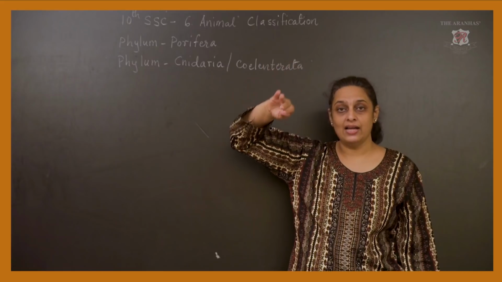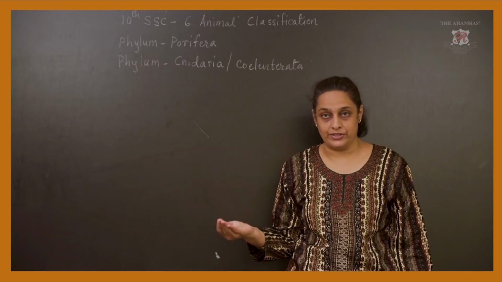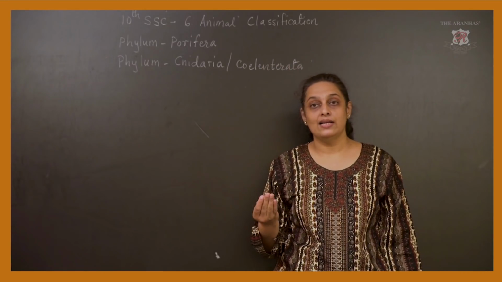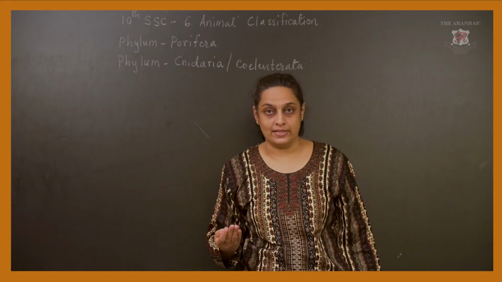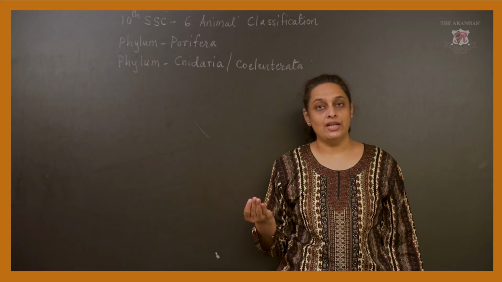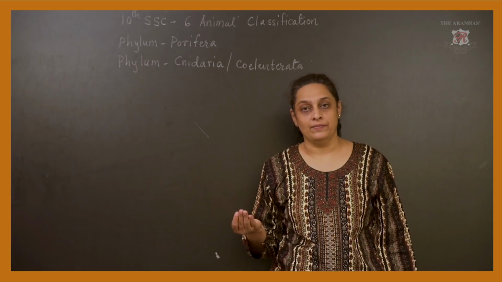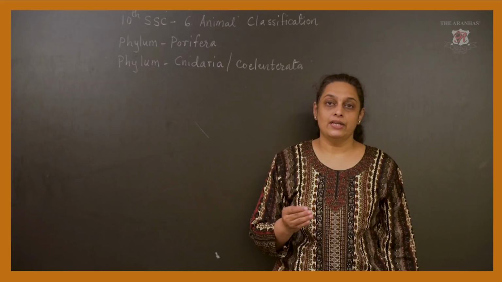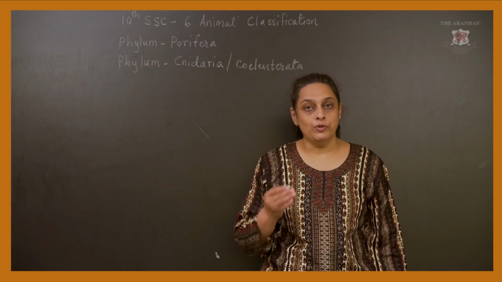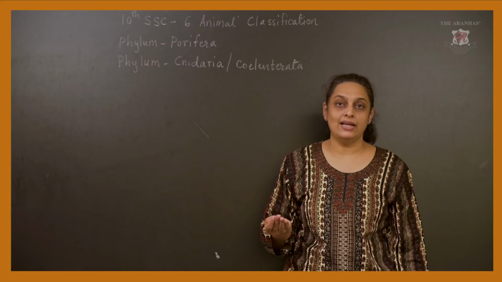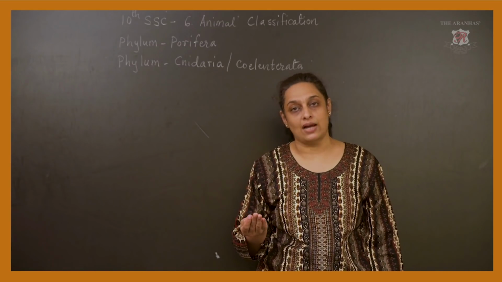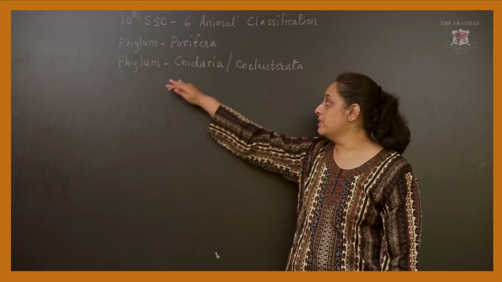One is Hydra and the other is jellyfish. Now, Hydra appears like a tube, so it is a tubular organism. On the other hand, jellyfish is like an umbrella. So, if the member is tubular, it is called polyp, and if it is umbrella like, then it is called medusa. So, these are two forms.